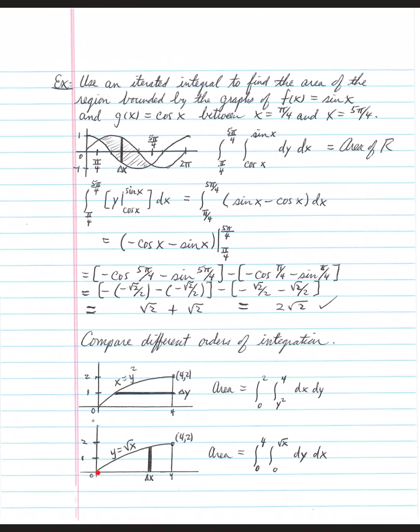The x direction goes from 0 to 4. That's also on the outside. Now, in the y direction, we're going to go from 0 up to here. Well, that upper cutoff is your function, square root of x. And that's how you would set that area up for vertically simple.